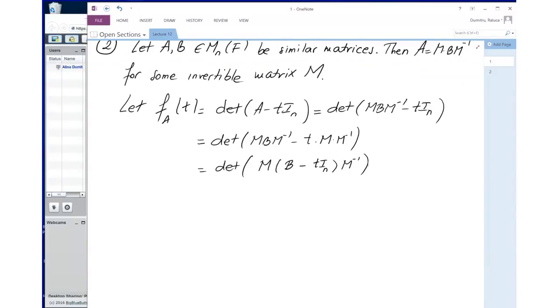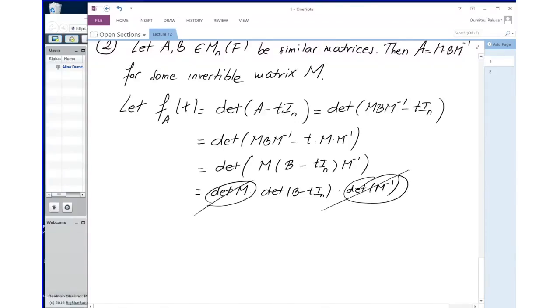If you multiply this through, you get exactly the thing above. But now the determinant distributes over matrix product. So this is the determinant of M times the determinant of B minus t identity times the determinant of M inverse. But we've seen that the determinant of the inverse of a matrix is 1 over the original determinant. So those two expressions will cancel out.